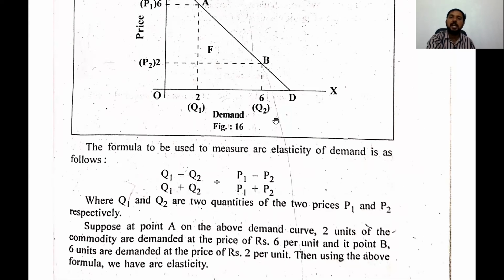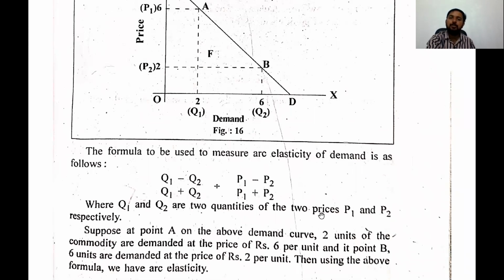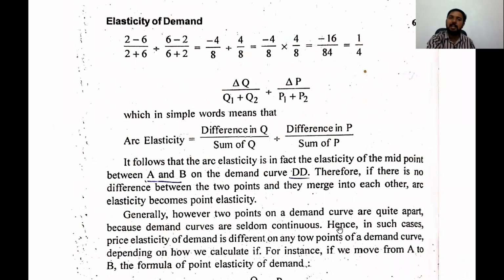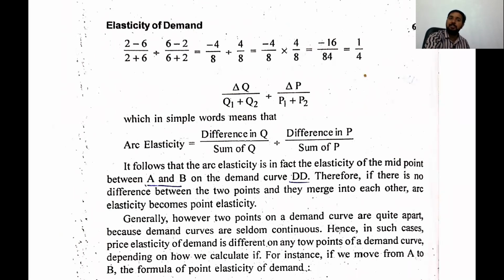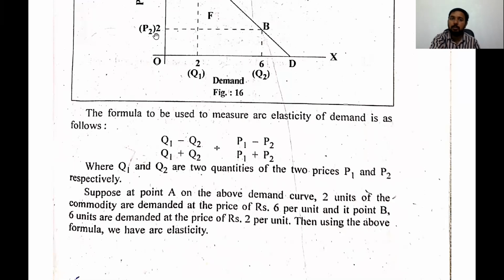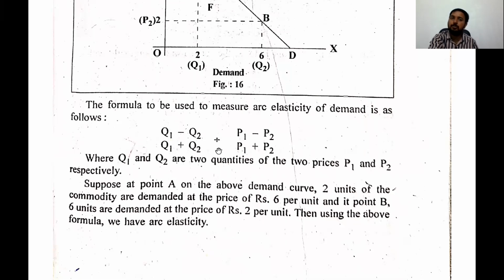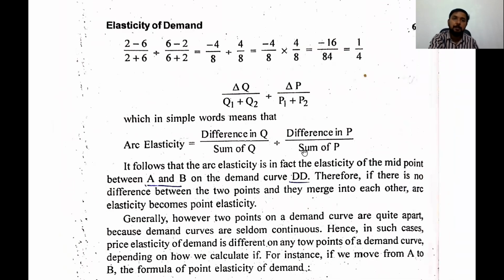If we have such a scenario, then by using this formula we can find arc elasticity. Now how will we find arc elasticity? As we know, quantity 1 minus quantity 2 divided by quantity 1 plus quantity 2, divided by price 1 minus price 2 divided by price 1 plus price 2. So let's see, here we are given quantity 1 minus quantity 2 divided by quantity 1 plus quantity 2, and according to the price also.